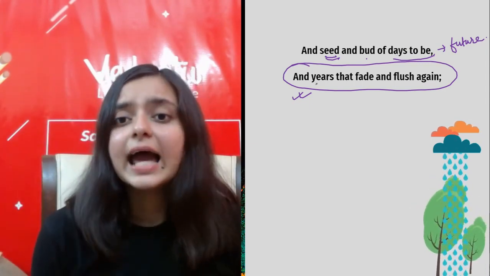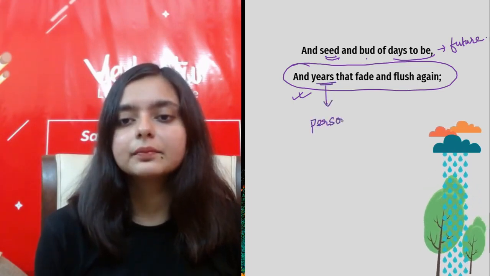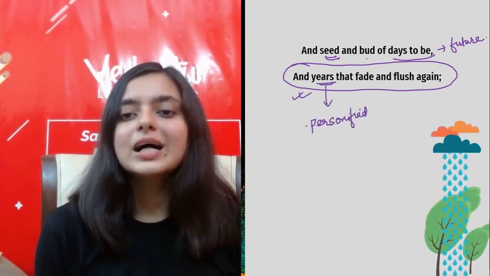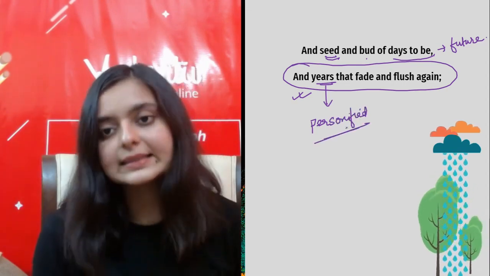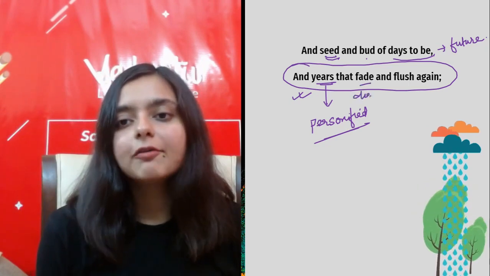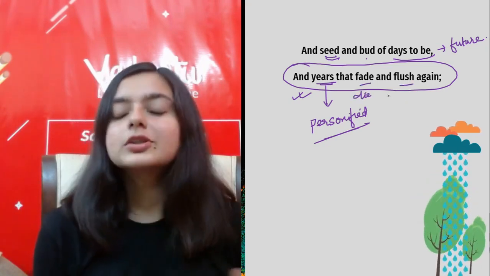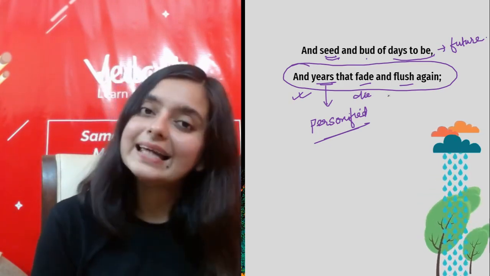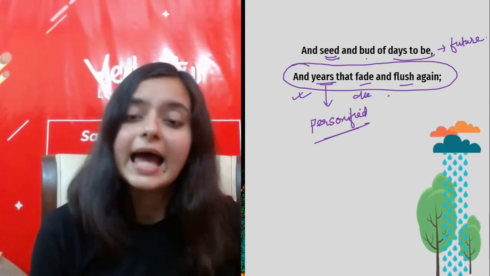So just as years has been personified. So just as one year ends and the new year begins, fade is to die, flush is to come back again, right? So just as a year dies and again it takes birth, another year comes.